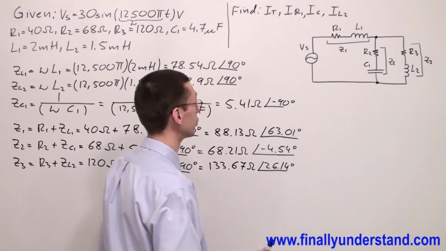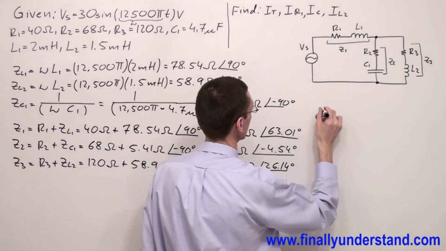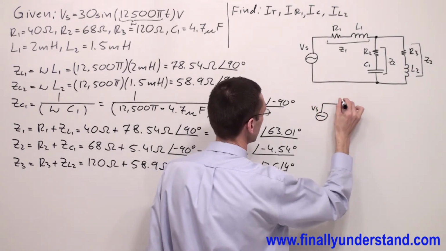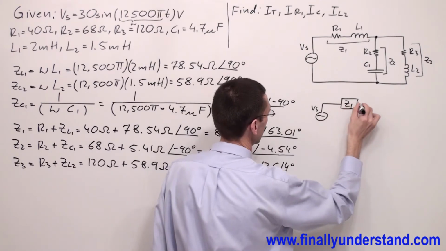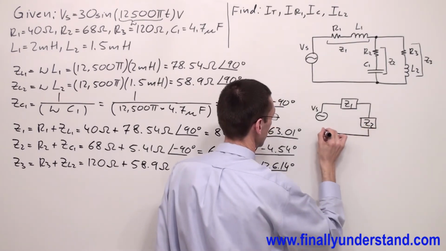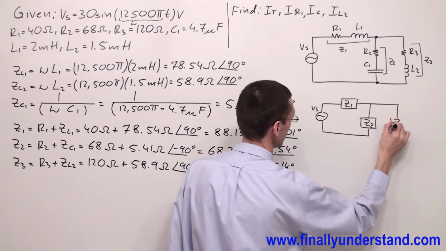So now we can redraw the circuit. So I have voltage source and I have impedance Z1. I have impedance Z2 and I have impedance Z3.